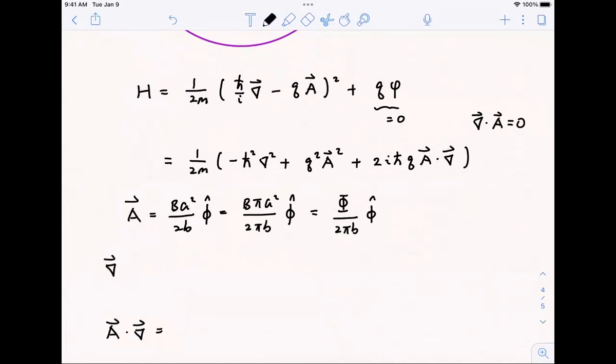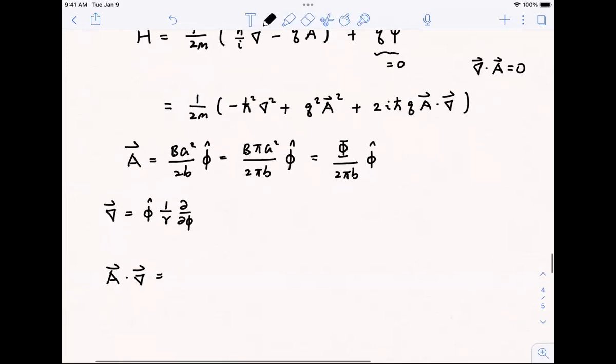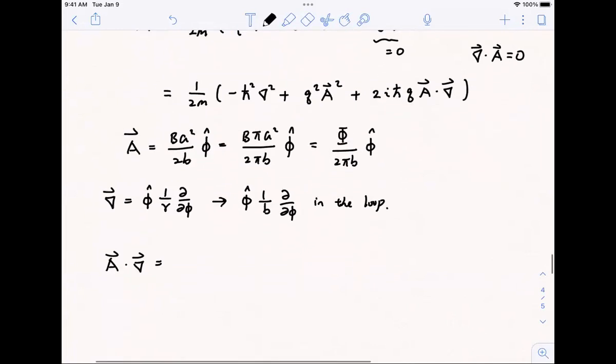This one in the circular coordinate has a form like this. Of course, in this case, it will become 1 over b, because in the loop the radius is b.